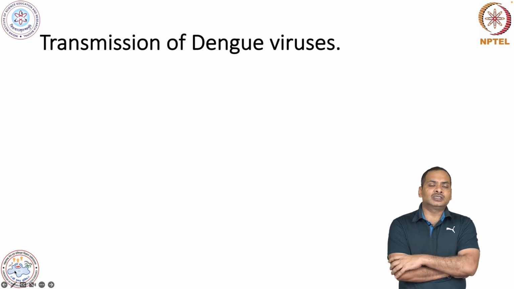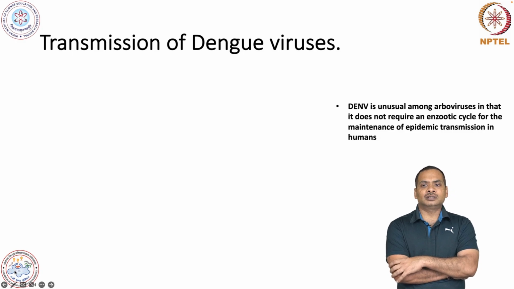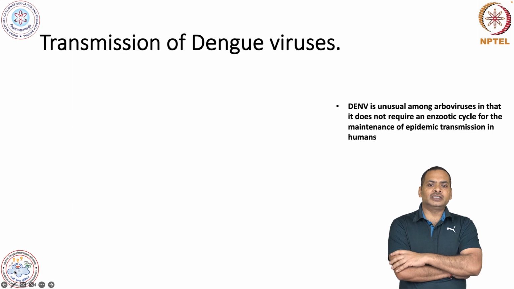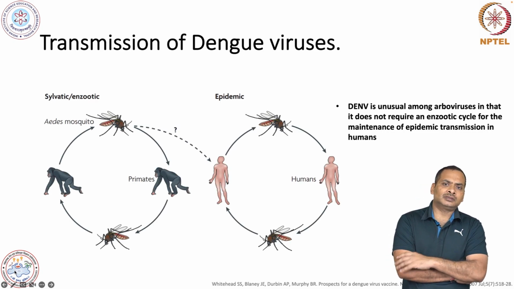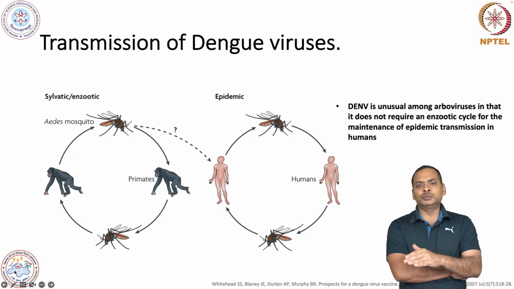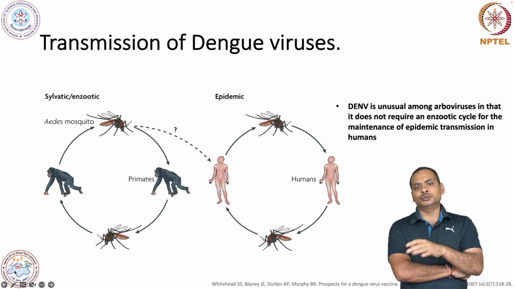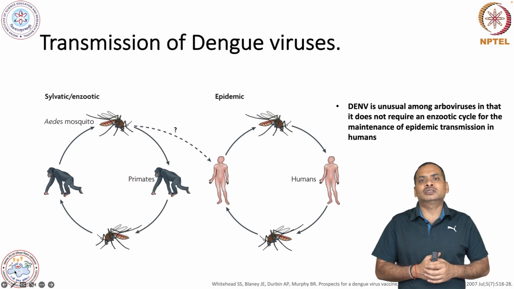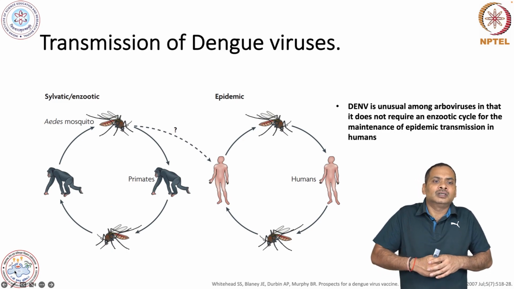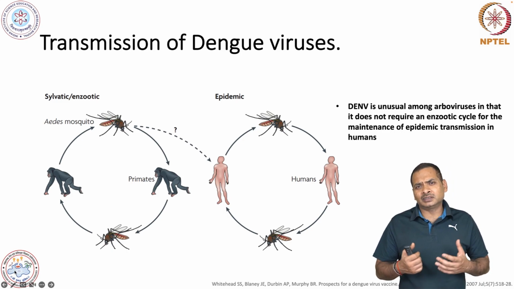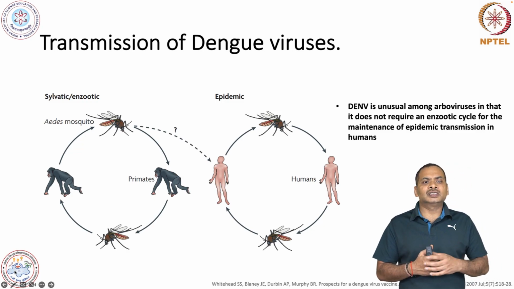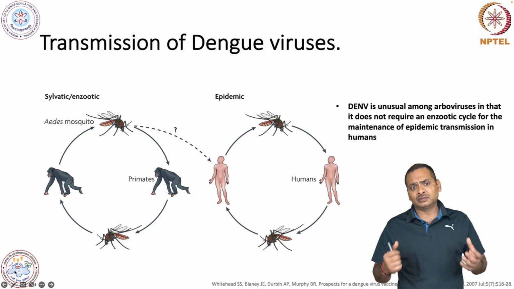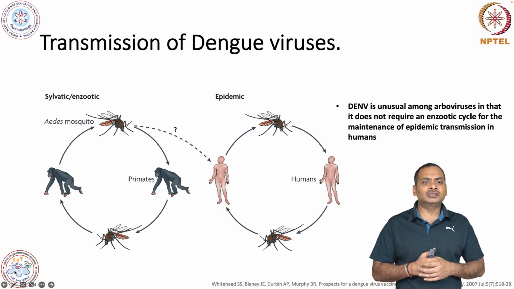Transmission of this dengue virus is, in general, from human to mosquito and mosquito to human. This cycle is predominant. There is some evidence that there is sylvatic transfer of the virus.